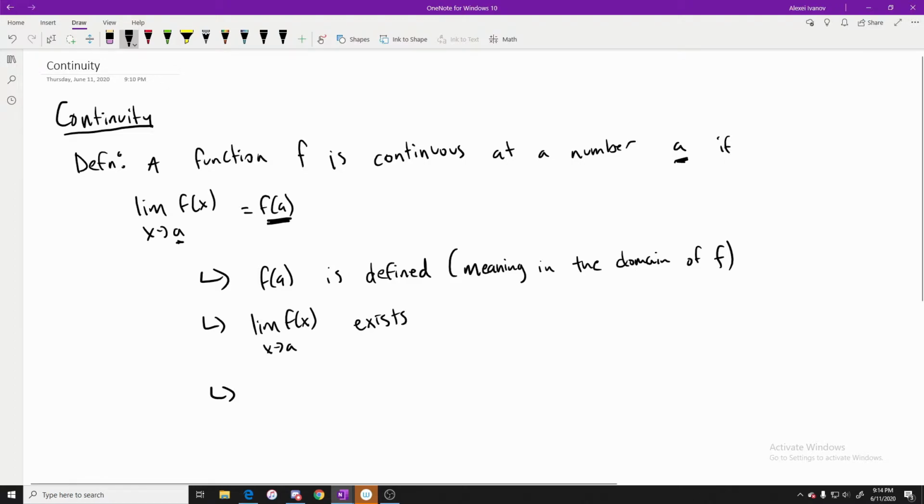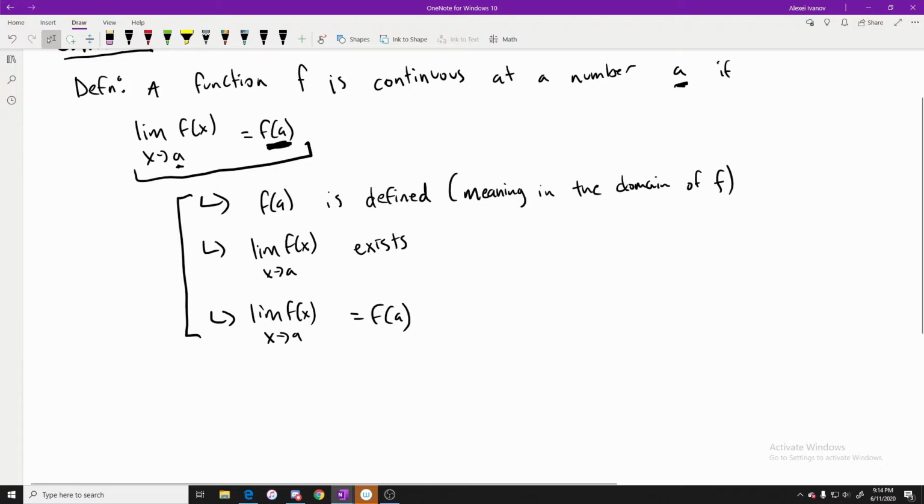And the final thing, I'd say it's almost a repetition of this, but it's basically this formula right here. It's that the limit as x approaches a of f of x is actually equal to the function evaluated at that value. So these are the three things that are implied from this definition. And essentially, if we have a function that doesn't meet these three criteria, we can say that the function is discontinuous.